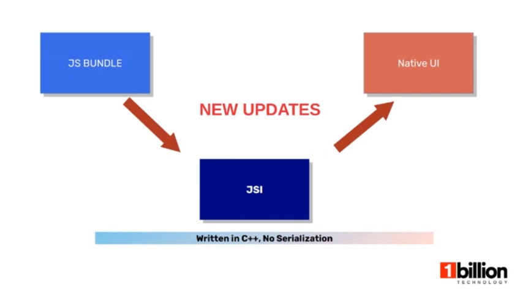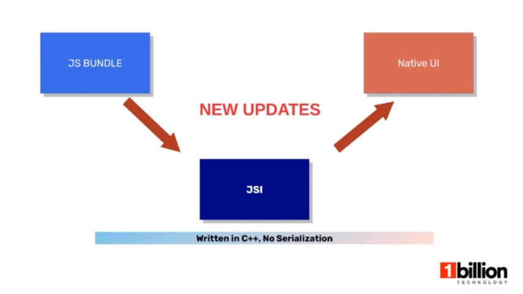JSI does not require serialization, and more importantly it's written in C++. So simply, JSI will do the exact thing that the bridge used to do, but in a more efficient way. It doesn't require the serialization and deserialization process, so it can pass on information as quickly as it receives it.